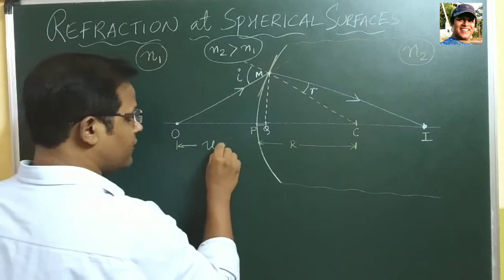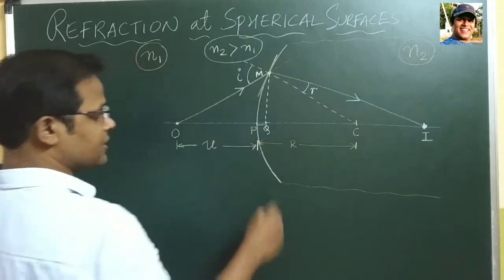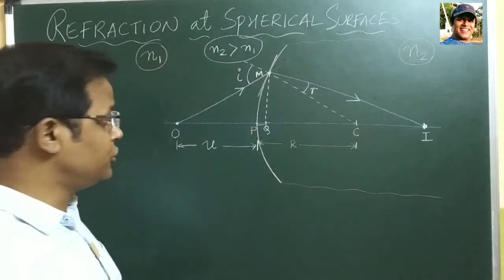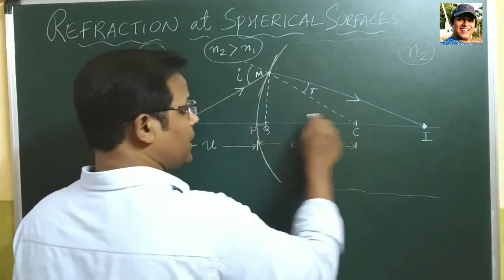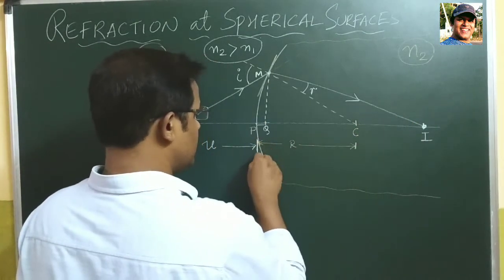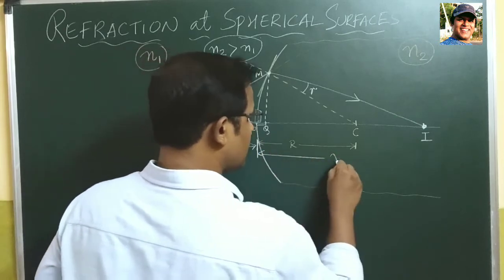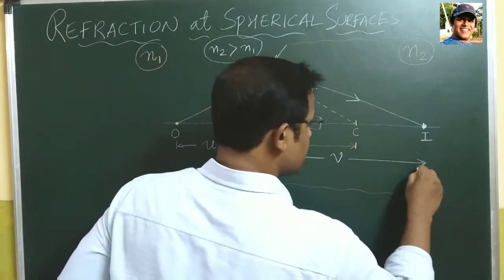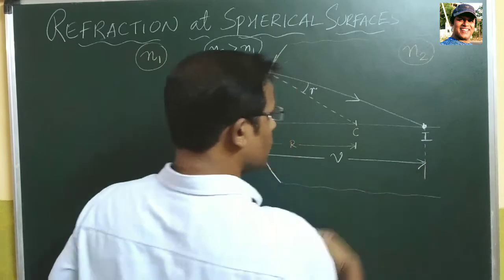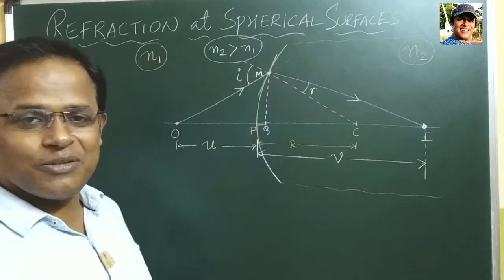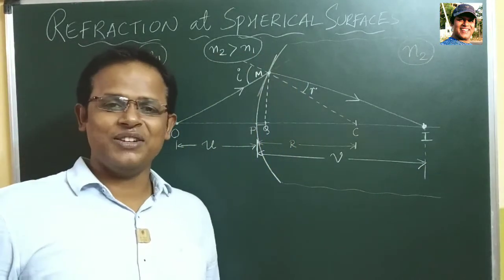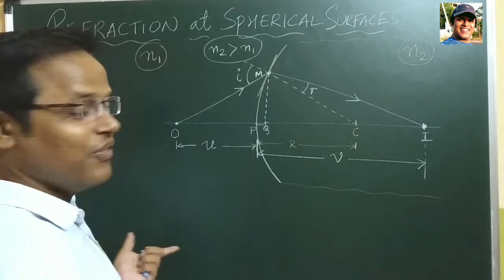This is the object distance denoted by U, and the distance from P to the image is called the image distance, denoted by V. Are you feeling good about it? Everything is very clear.